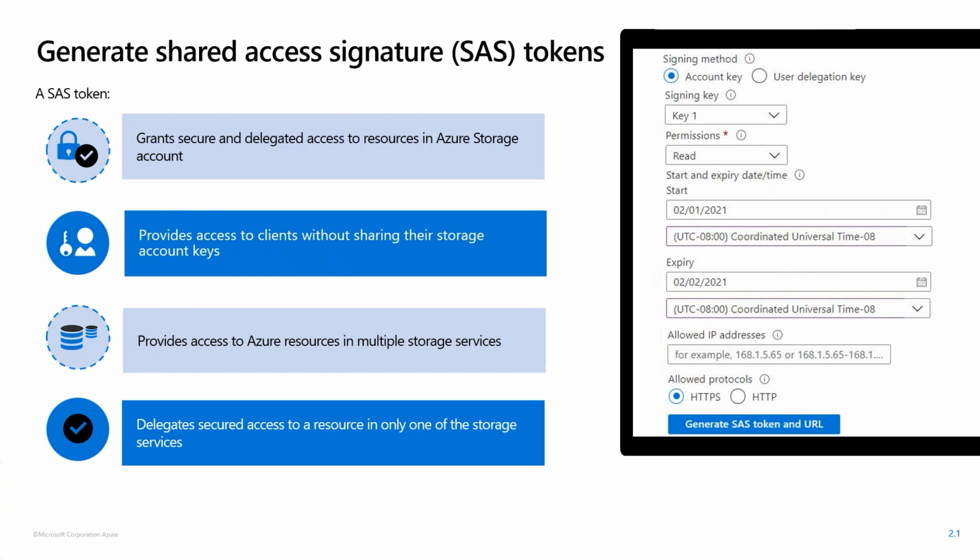Understand some of the best practices surrounding creation of a SAS, or shared access signature, token, like time expiration, time zone creation to make sure that you align the access needed for users to the correct time zone. Limit the distribution of the SAS token. You may have an exam question that asks you, of the options for creating a SAS token with read permissions, what is a best practice?